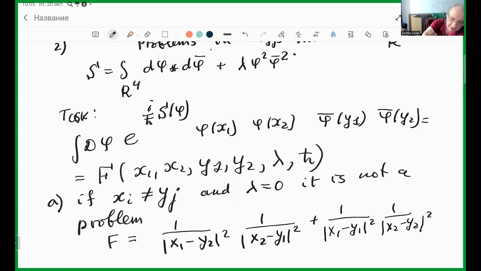Actually there is a minus sign here, but it's not that important. I think there is a minus sign.